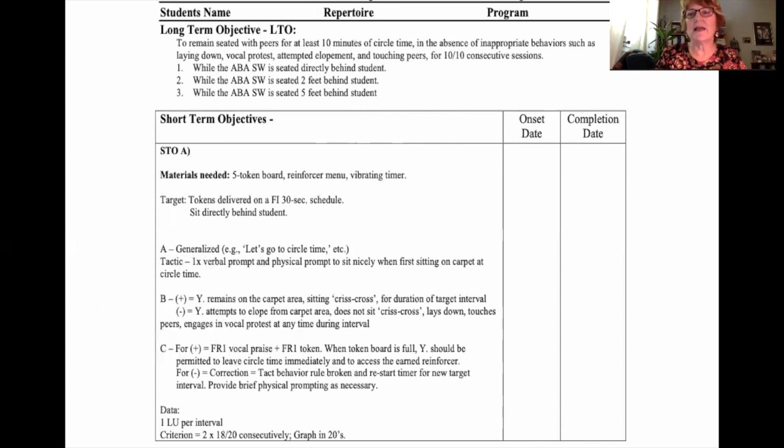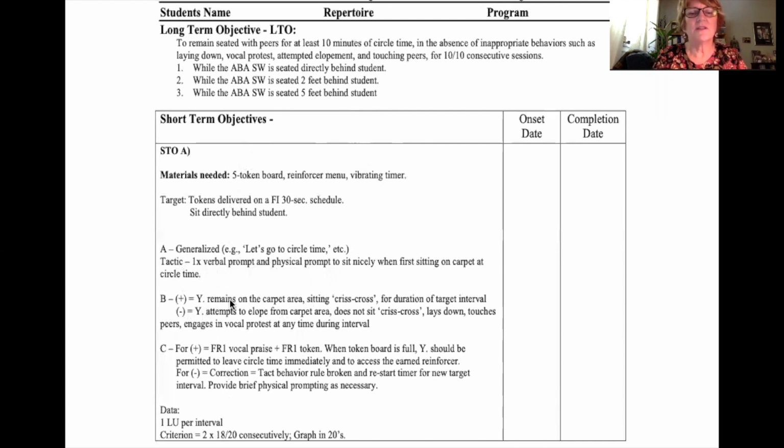ABA should be 90% successful for a child, so they should very rarely not be successful. And that means you break things down so small and easy that it's easy for the child to be successful. So anyway, you've got the let's go to circle time. And for this first short-term objective, they're going to actually physically prompt the child to sit at the carpet.